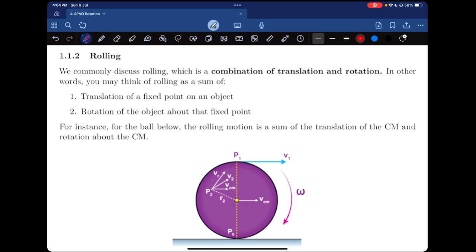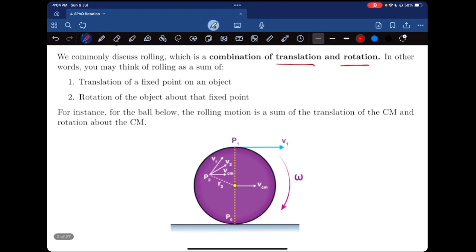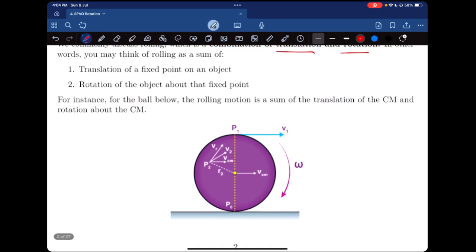So the first thing we want to look at is rolling. Rolling is what we call a combination of translation and rotation. So when you see an object that's rolling, the object is both translating and rotating at the same time. For instance, this purple ball here, you can see that it's rolling forward.